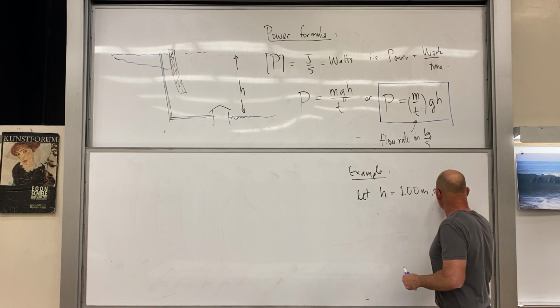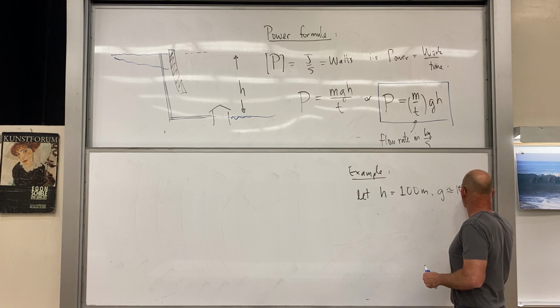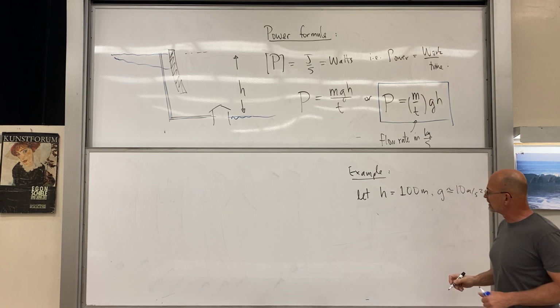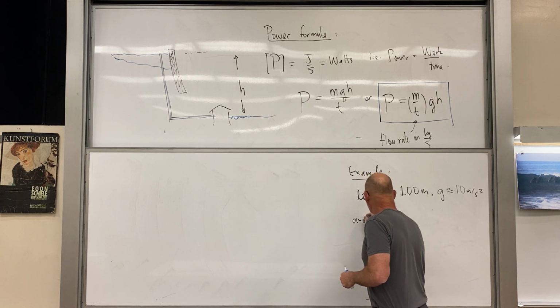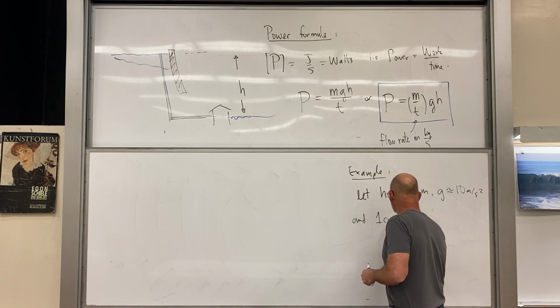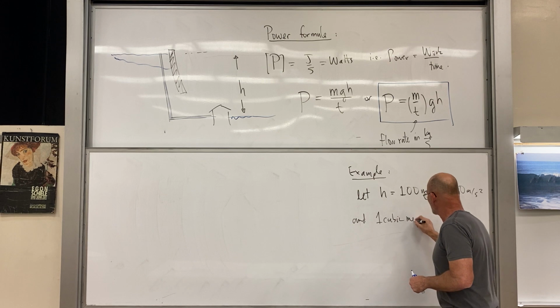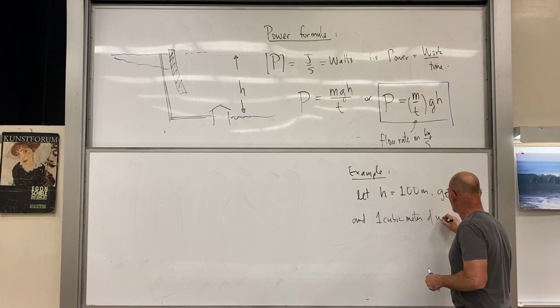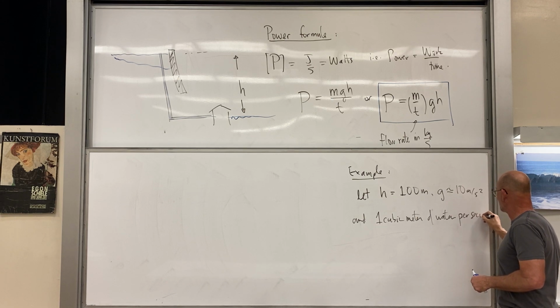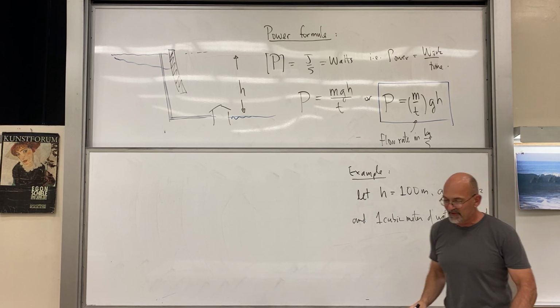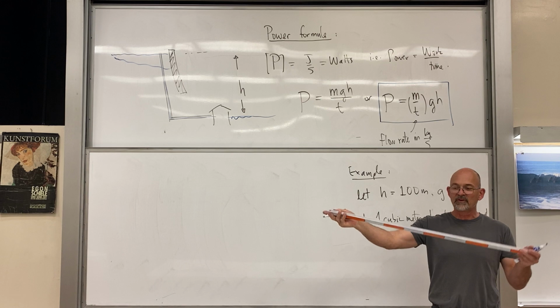We're going to just take g as 10 meters per second squared. We don't need a calculator here. And let the flow rate be 1 cubic meter of water per second. We can imagine a pipe that's running a cubic meter of water per second.